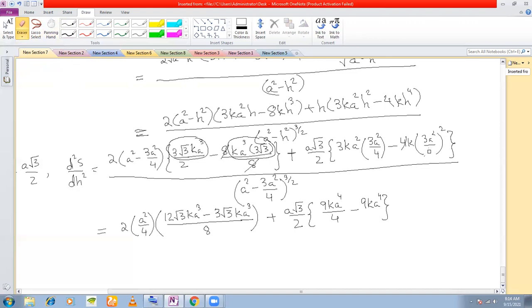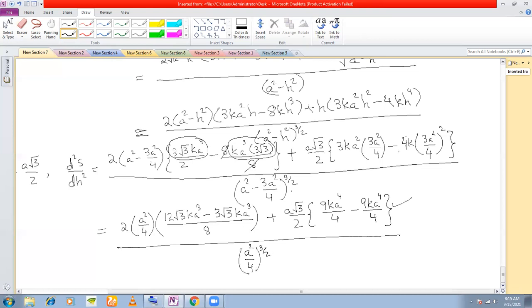My mistake. This is a 4 within a square, this is right. So only one 4 cancels here. Let's not cancel this 4. Keep this 4 here so that you can get 9k a to the power of 4 divided by 4 only. This is what you're going to get, whole divided by a square by 4 to the power of 3 by 2.